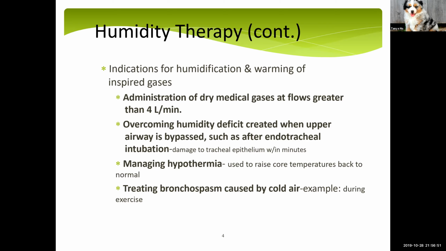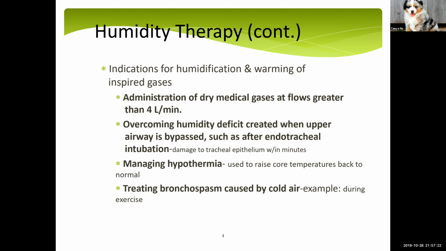The airways become more irritable. They produce more mucus, and it just causes this vicious cycle. So you end up with more thick secretions that become more and more difficult to expel for the patient, because it's thick and dry and sticky versus loose and thin and moist secretions that are easier to bring up. So these people get more and more and more, and it just is a vicious cycle.